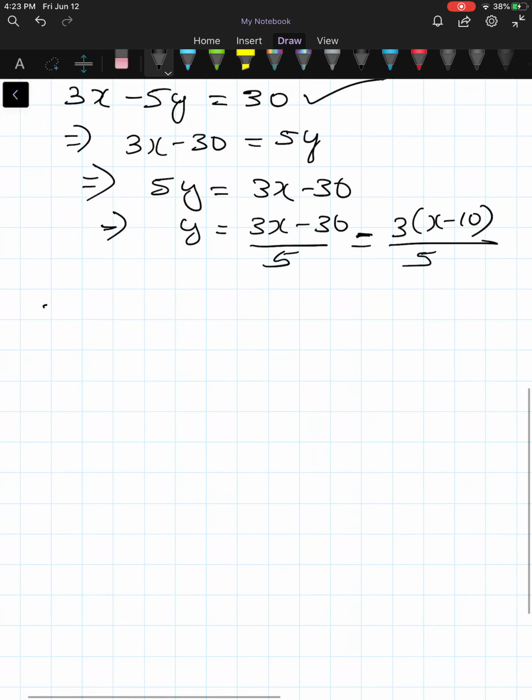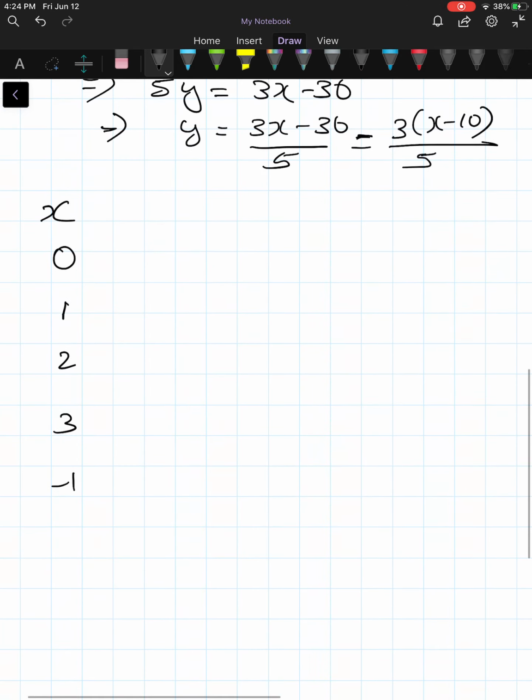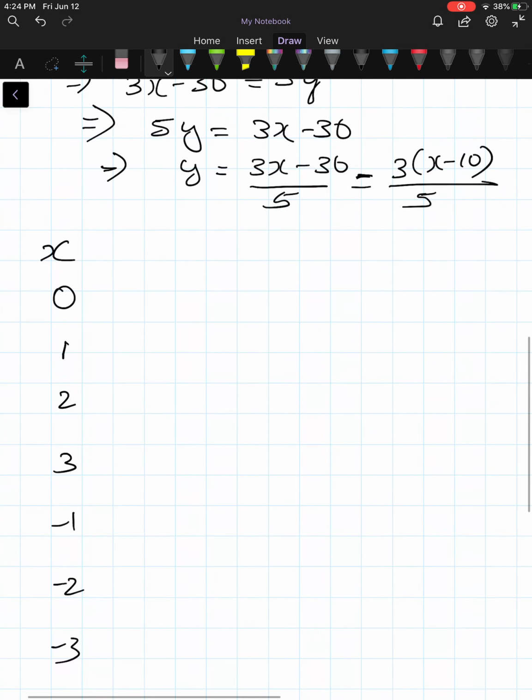To do that, let us consider values of x: 0, 1, 2, 3 and -1, -2, -3. I will consider these values of x and find out the corresponding value of y according to the given equation.